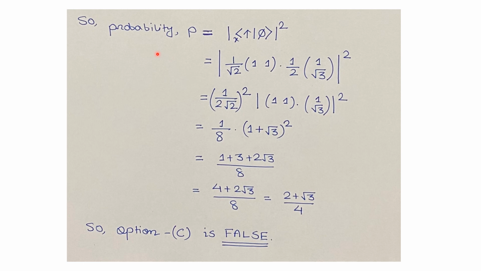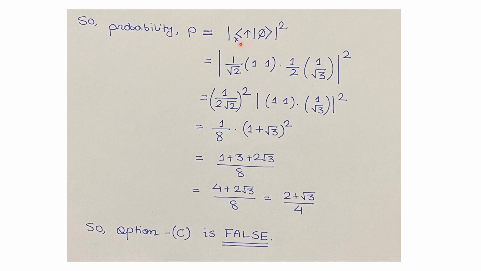Now, upon the measurement of the Sx cap operator, the probability for obtaining the up spin state is given by P equals the mod square of the inner product between the up spin state and the phi state, that is 1 by 2 times the matrix (1, root 3).